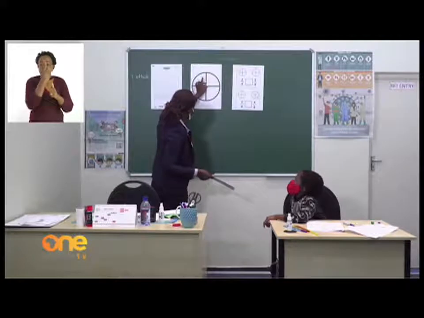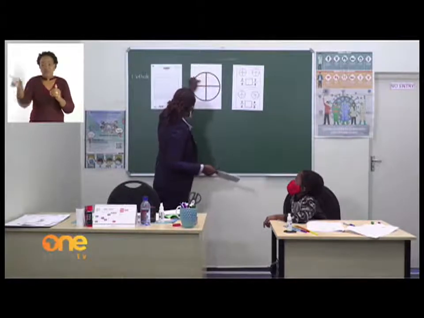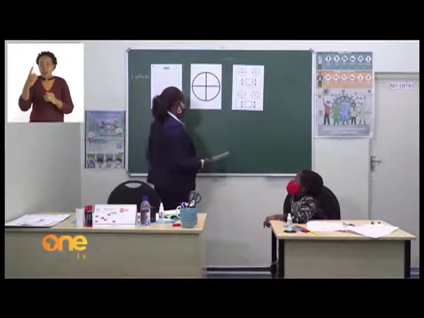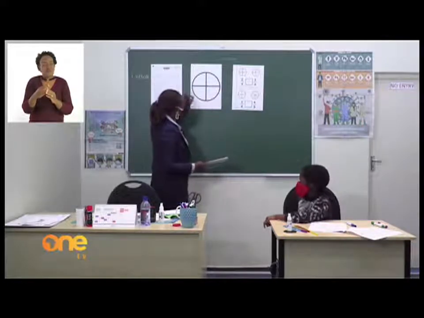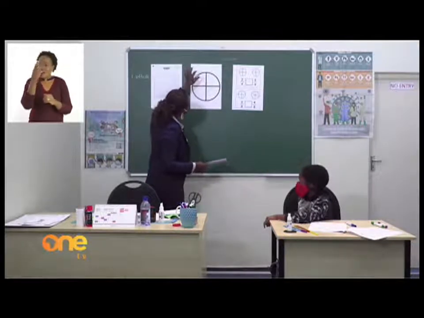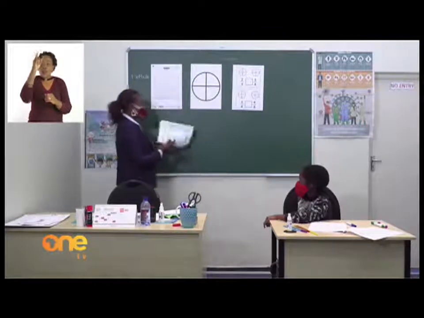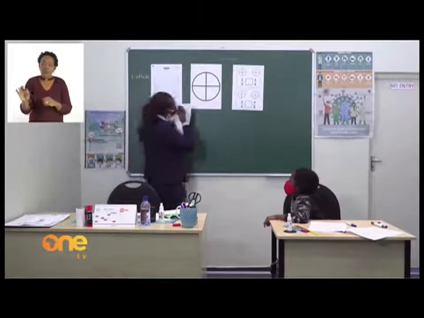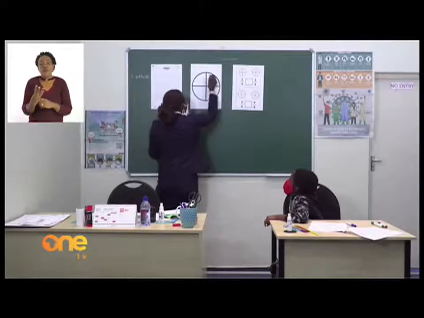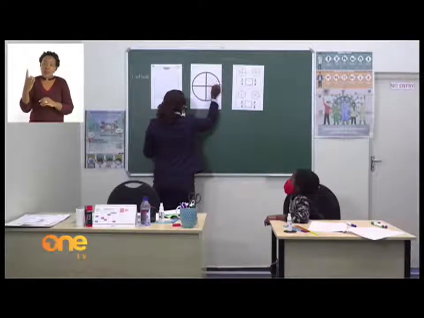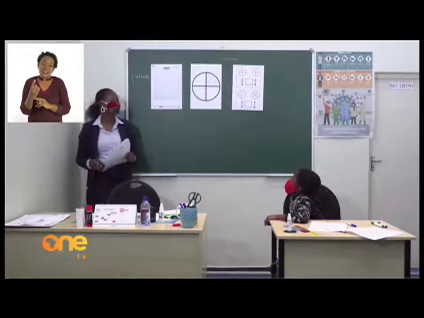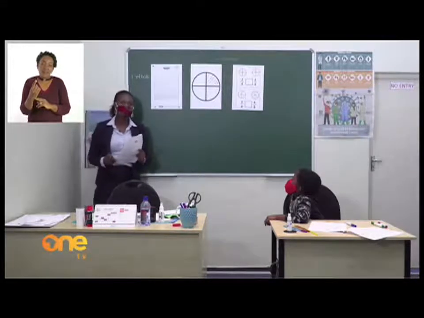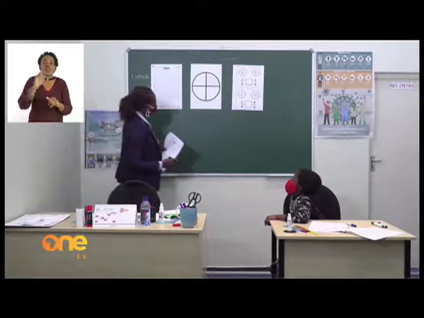This 1 part out of the 1, 2, 3, 4. We don't say 1 over 3. We say 1 out of 4. So we want to color 1 over 4. So this is what we do. So like this, it will be 1 over 4.